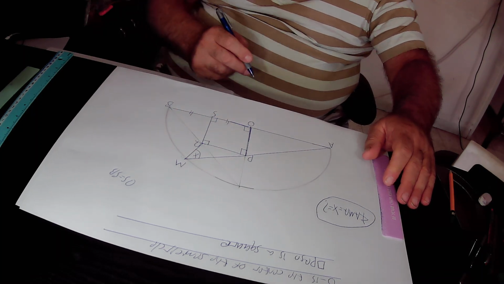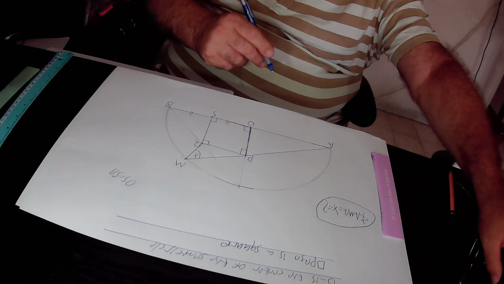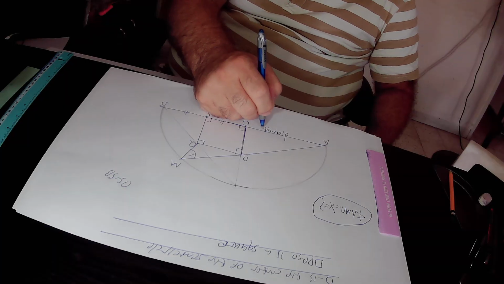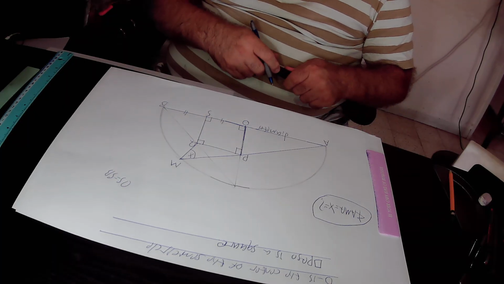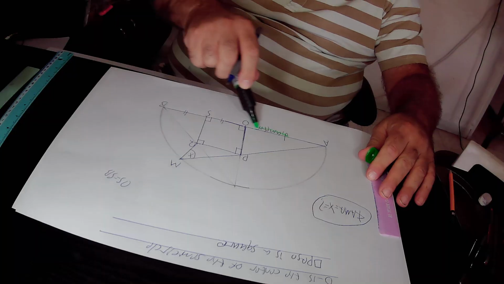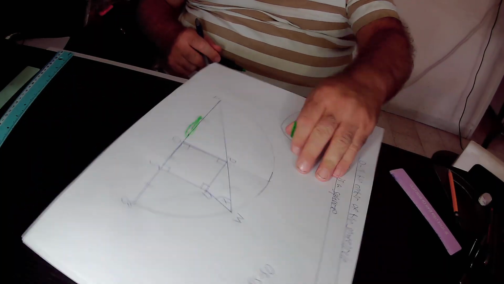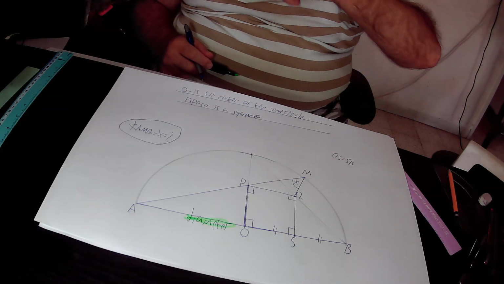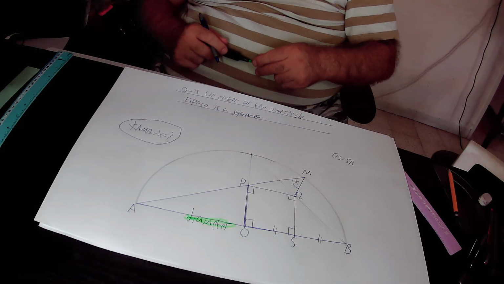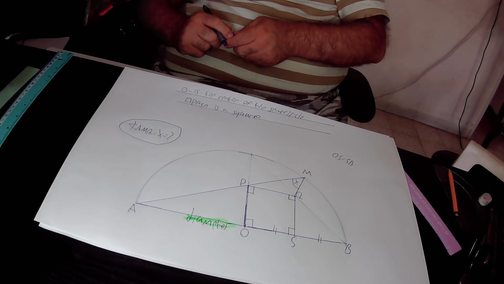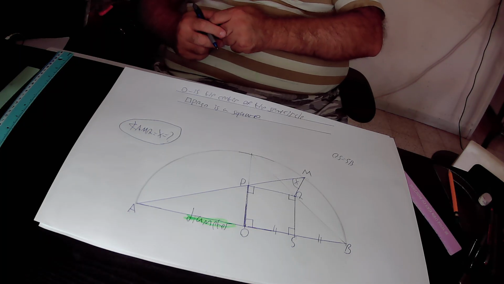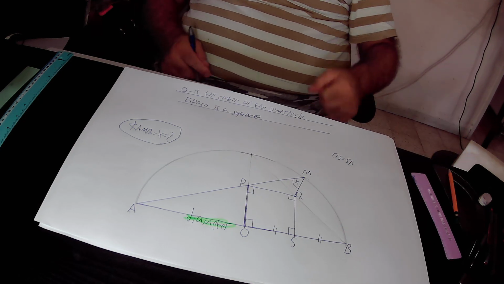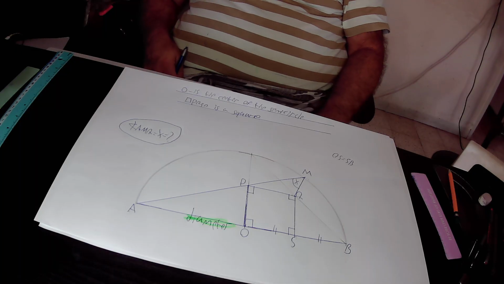AB is the diameter of this semicircle. So AB is the diameter. It is absolutely a straight line. So if you focus on the upper side of the straight line AB at point S, here the sum of the angles must be equal to 180 degrees according to rule 3. Rule 3 states that the sum of the angles on one side of a straight line is equal to 180 degrees.